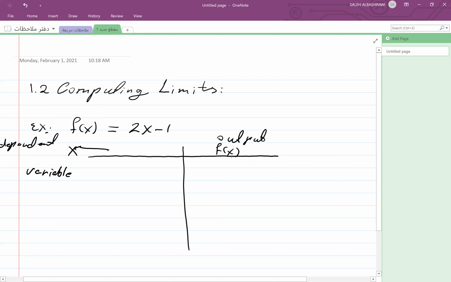We call it independent because we can choose any value for x, and that will give me some output for the function. Let's take, for example, x equal to 1.